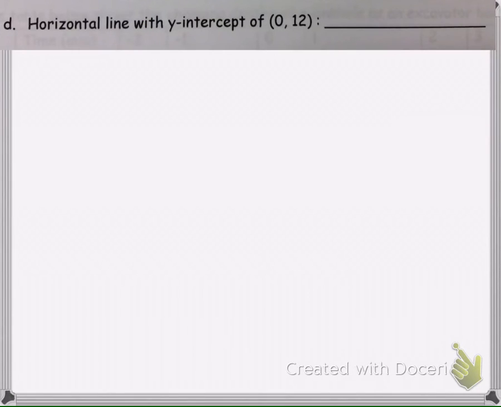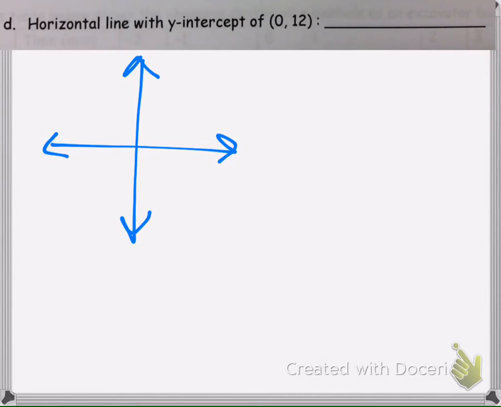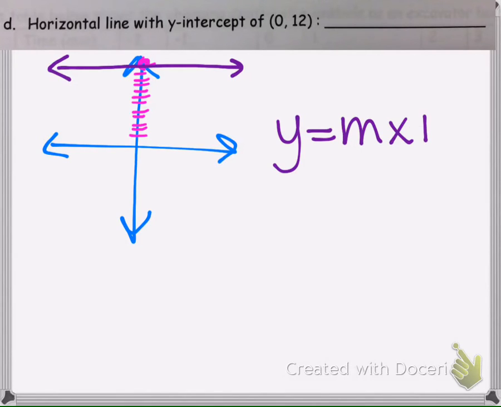Okay, this time we have a horizontal line, so again, I'm going to draw a picture. (0, 12). Right here. So horizontal line. So a horizontal line is not going to have y equals mx plus b. You're not going to have the y and the x in the equation.